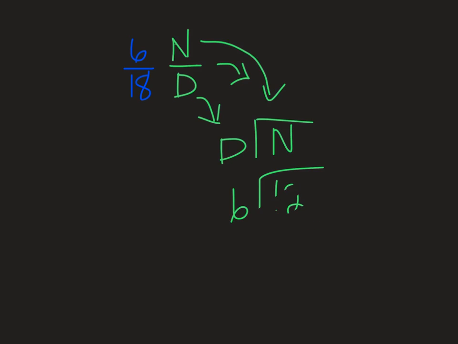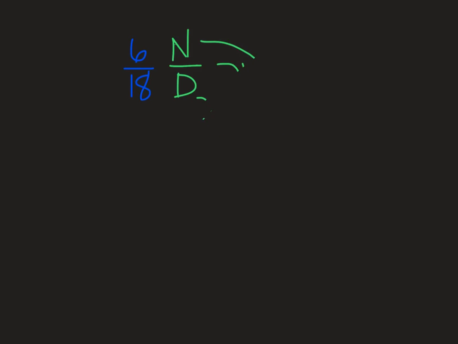So let's take 6/18, and we know that the numerator goes in the house. So it'll be 6 divided by 18. What we need to do is add a decimal because 18 cannot go into 6.